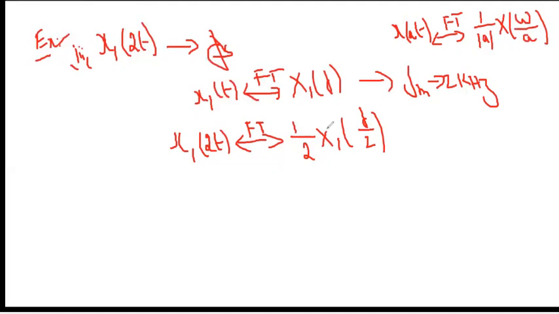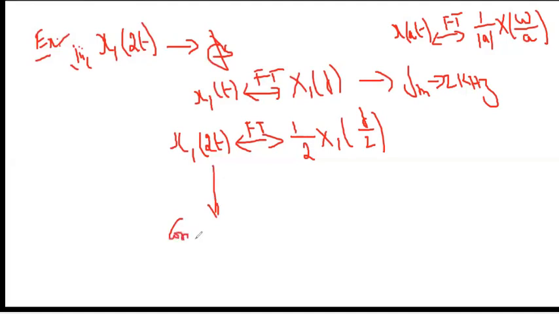The a value is 2 here, and I have written f instead of omega, so f by 2. The a value is 2. So the Fourier transformation of x1 of 2t is 1 by 2 times x1 of f by 2, where a is 2.